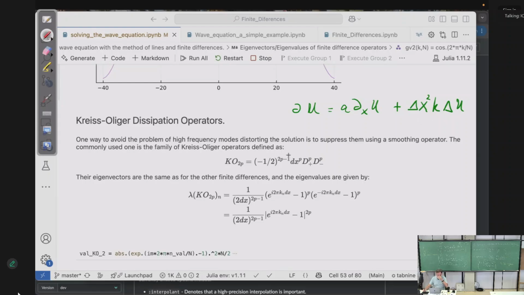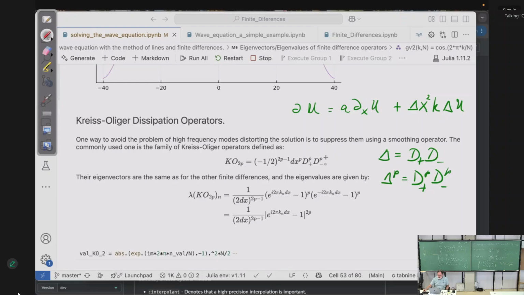So the Kreiss-Oliger operators are generalizations of this, where you put here a higher power. For instance, the Laplacian you can approximate by d plus, d minus. So the Laplacian to the p is d plus to the p, d minus to the p.